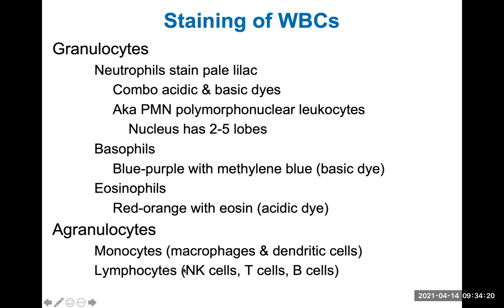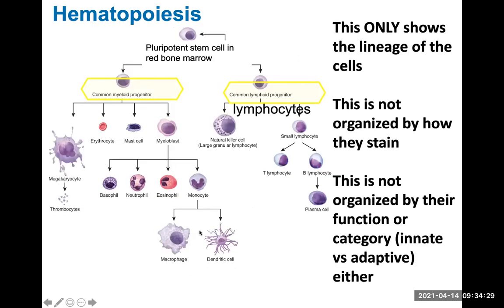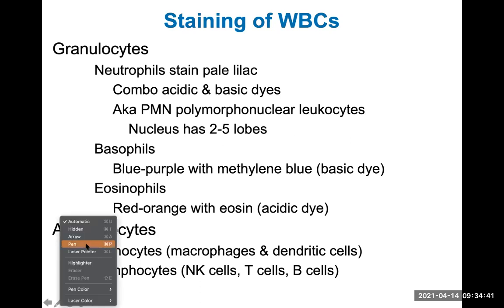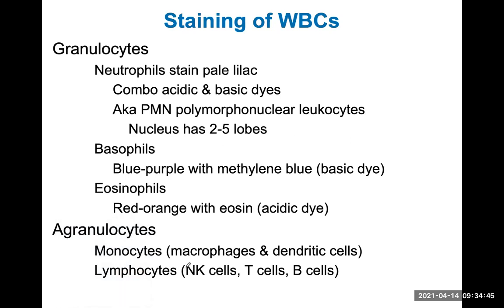Although you can cross out natural killer cell, because natural killer cell, as noted here, does have large granules. And so we will just ignore or cross out the natural killer. So here, let's go ahead and do that. Pen, magenta, cross out.